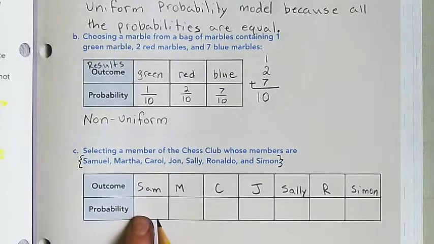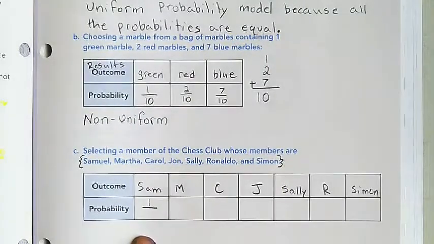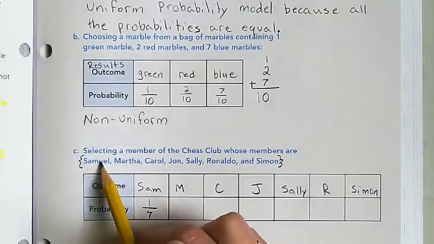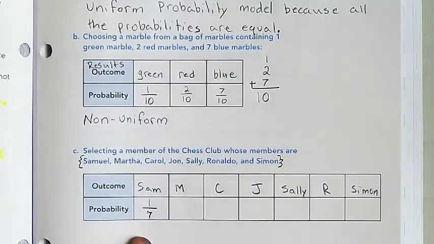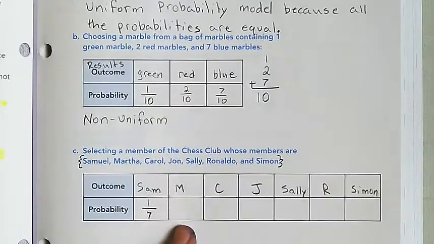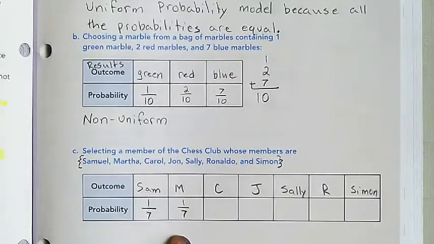So, how many Samuels are in the club in this list? 1. Out of how many total members? 7. And I heard you counting: 1, 2, 3, 4, 5, 6, 7. How many Marthas? 1 out of 7.